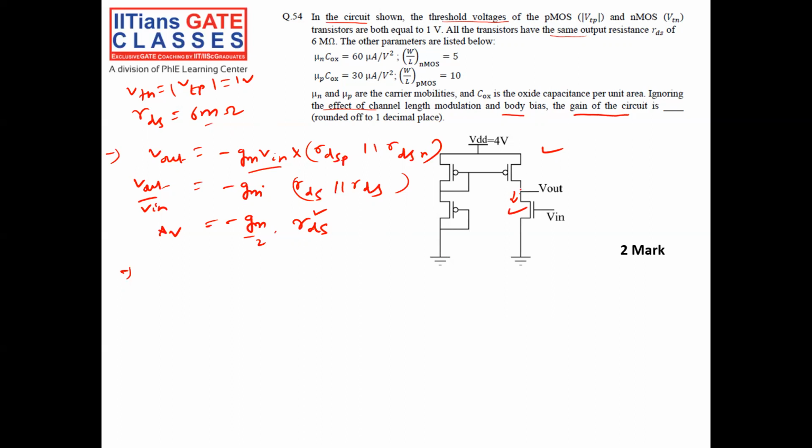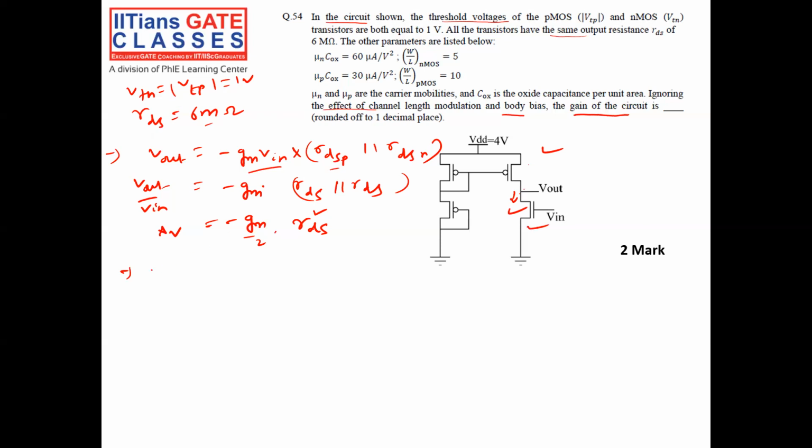The resistance looking upward is RDS P and looking downward is RDS N, so it is RDS P parallel to RDS N, and my gain will be minus gm into RDS parallel to RDS, which is minus gm by 2 into RDS. So our aim is to find out the transconductance of my input transistor.